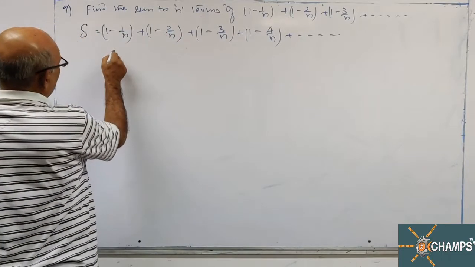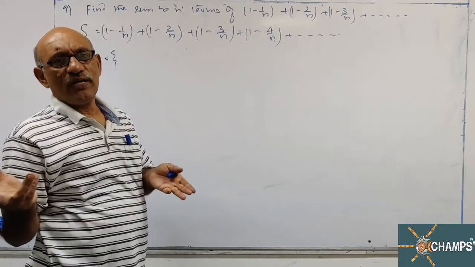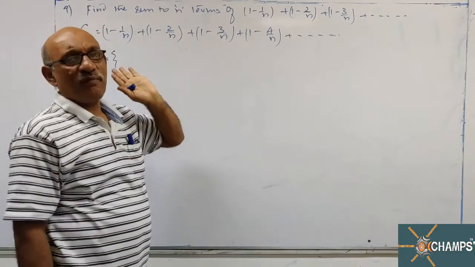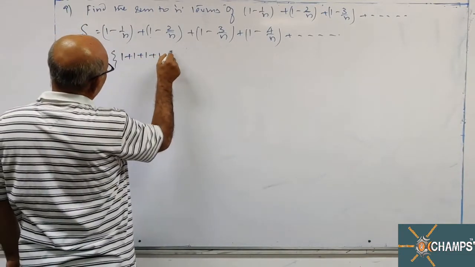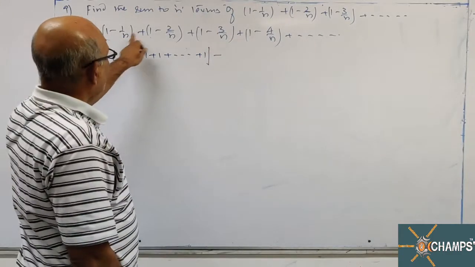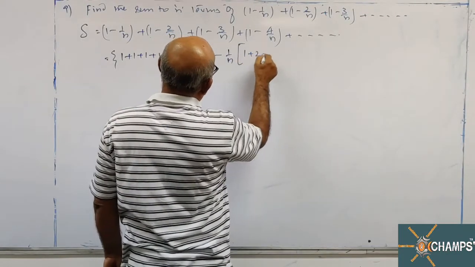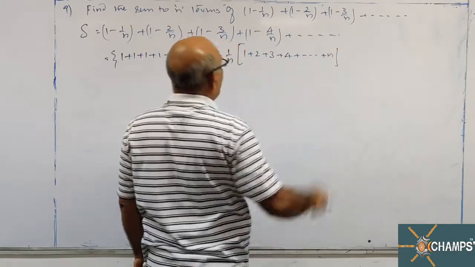Now what will I do? I'll resolve this into two series. One with all the first terms from each bracket: 1 plus 1 plus 1 plus 1 plus etc., minus, from the second terms you take 1 by n as common, 1 plus 2 plus 3 plus 4 plus etc. plus n, up to n terms.